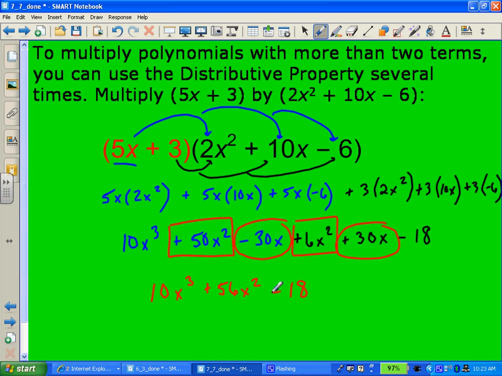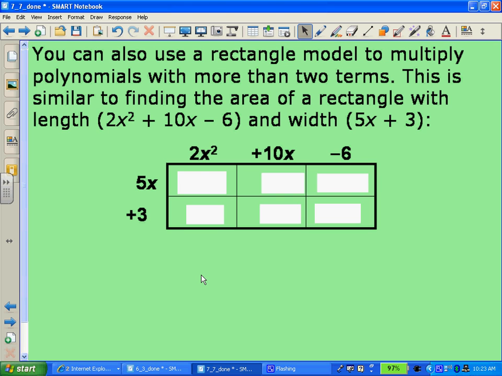And then I have my minus 18. So my answer is 10x cubed plus 56x squared minus 18. That's how I do it using the distributive property. This is the method that I use, but it's not necessarily the best one or the one that works best for you.